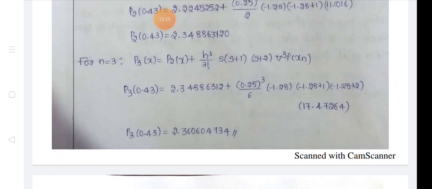For n equals 3, p3 of x equals p2 of x plus h cube by 3 factorial s into s plus 1 s plus 2 del cube f of xn.